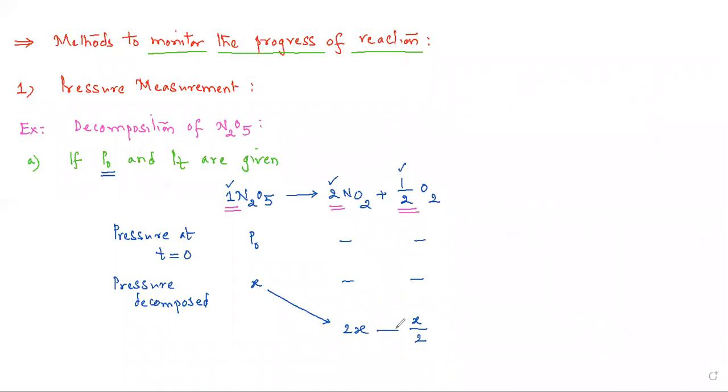Look at this, 1 is giving rise to 2 and 1/2. Similarly, X gives rise to 2X and X by 2. Now this is pressure decomposed. And finally, pressure at time t. Of course, time t is equal to t. So that can be given as P naught minus X, isn't it?